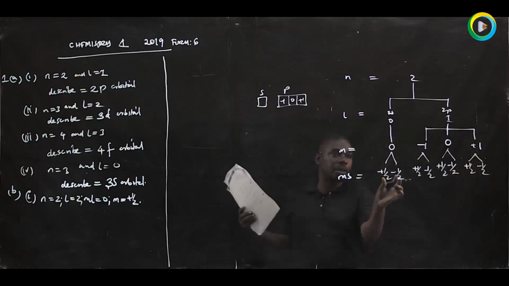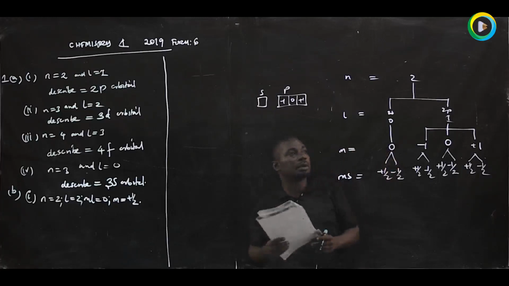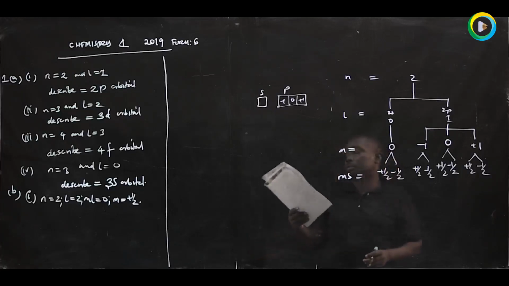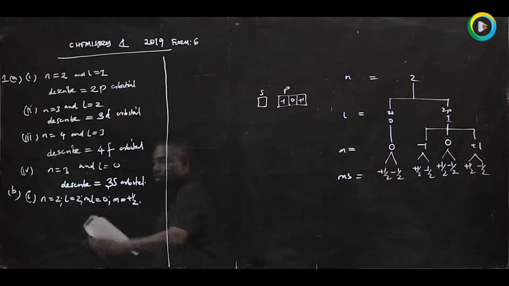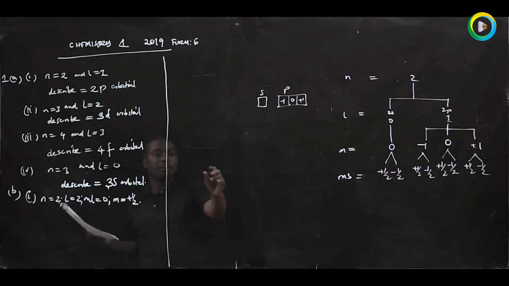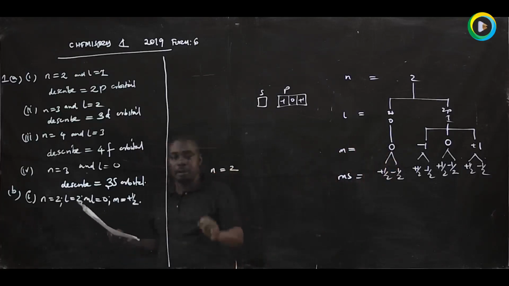Kwa hizi ni electrons mbili za orbital S.